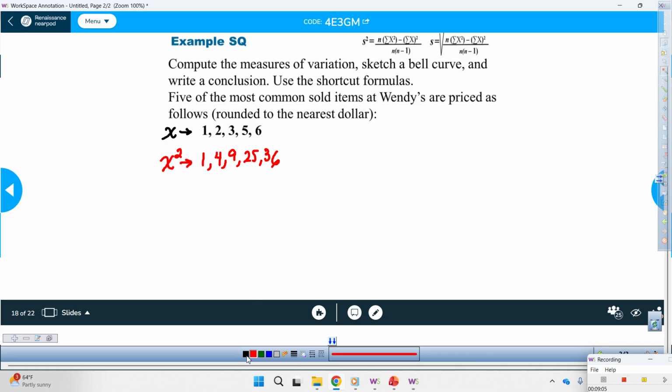All right, so to find the variance, focus please. I'm going to write my formula on the side. Write it on the side, please.